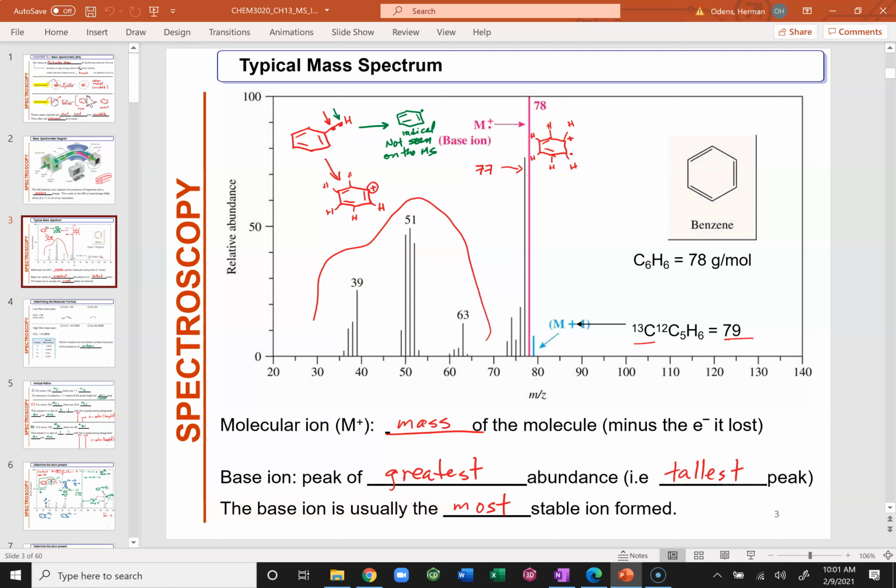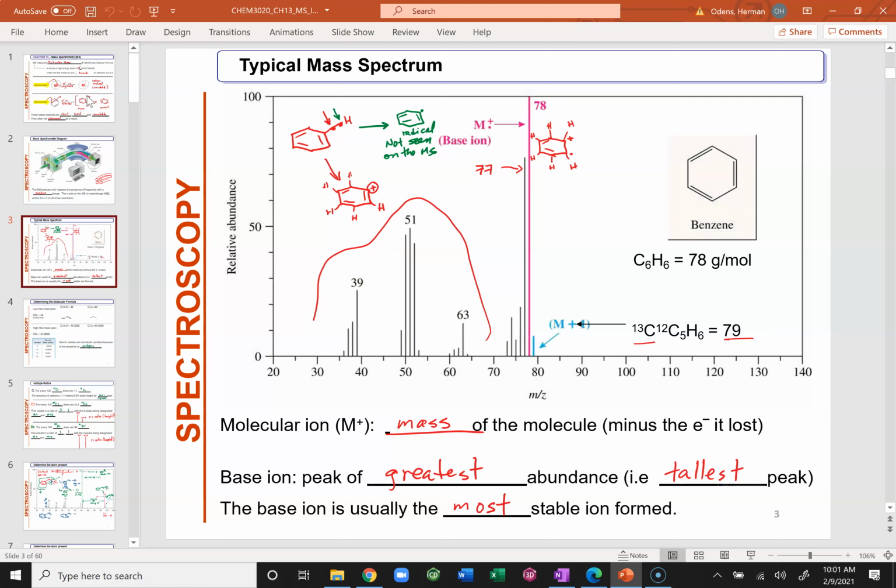The base ion is usually the most stable ion form. So how do I know which one is the base ion? What I have observed with experience, and we're going to learn that, is to look for the different fragmentations that give you the most possibilities to make that fragment happen.